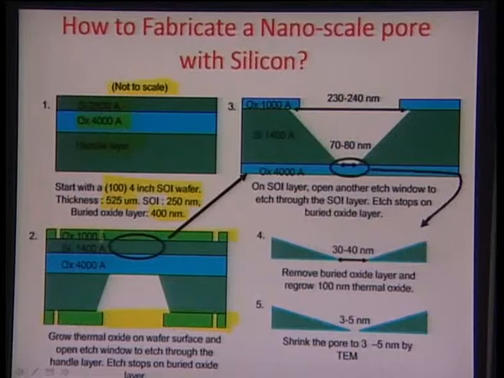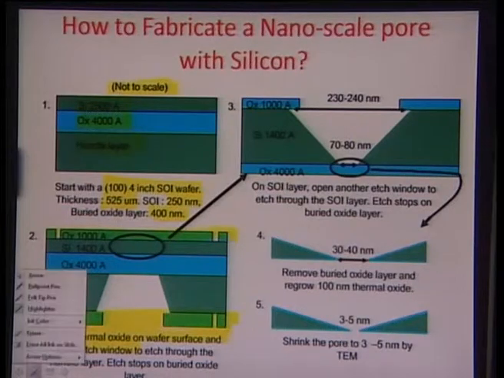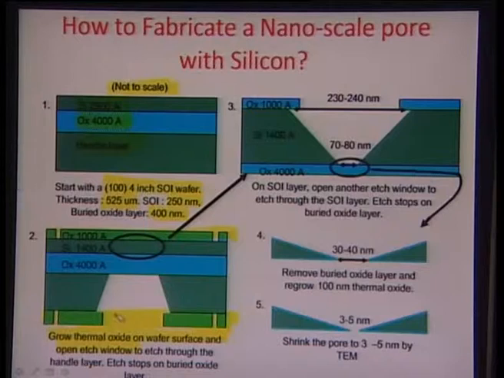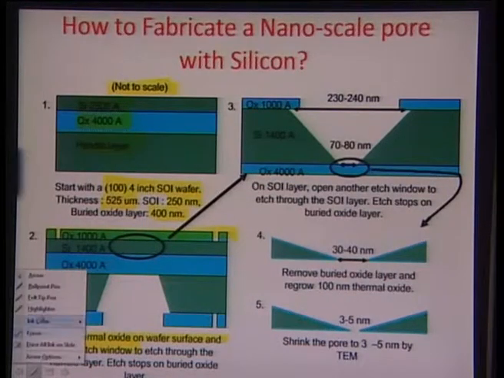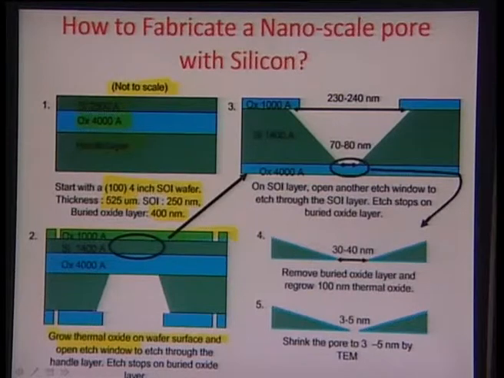So once you grow the thermal oxide on the wafer surface, you open an etch window somewhere in one of the sides, as you can see in this particular illustration here. This etch window has been opened in the oxide, where you essentially make silicon as the selective layer and silicon dioxide as the etching layer.